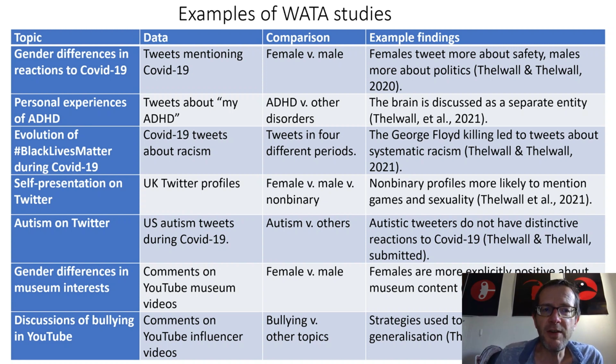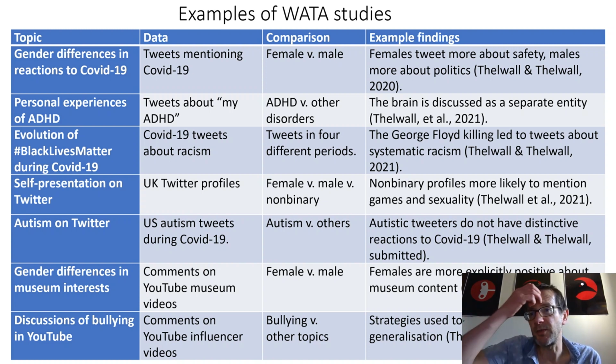Third example, the evolution of hashtag Black Lives Matter during COVID-19. The data was a set of COVID-19 tweets mentioning racism in any way. And the comparison was the text of the tweets over 4 different periods during 2020.